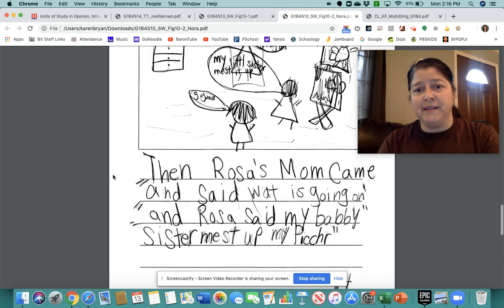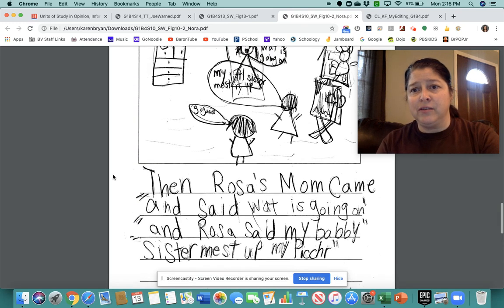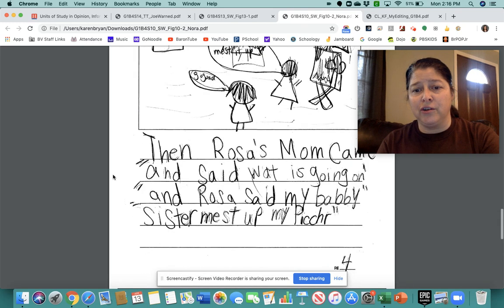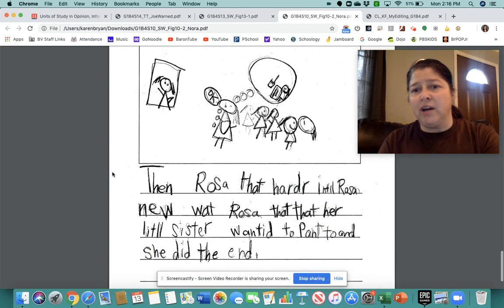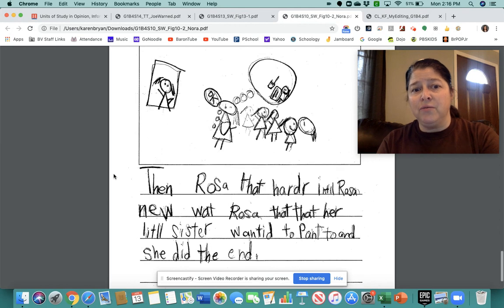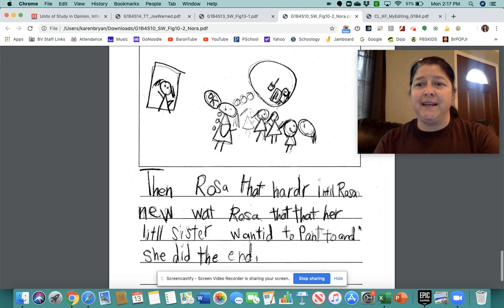And Rosa said, "My baby sister messed up my picture." Then Rosa thought harder until Rosa knew what Rosa thought, that her little sister wanted to paint too, and she did. The end.